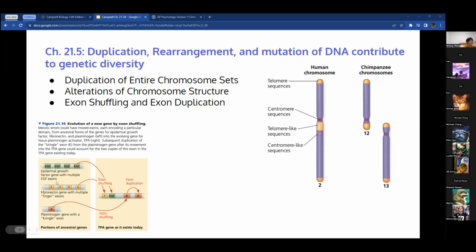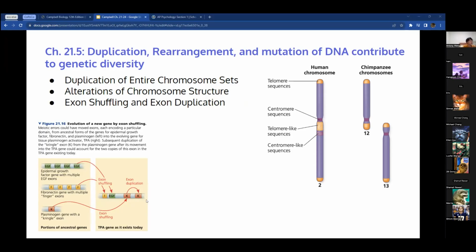Exon shuffling and exon duplication. If exons code for a specific protein domain, let's say you have one specific gene that codes for a kinase, and you have a certain number of the active site domains.